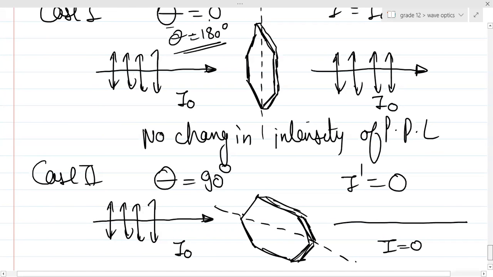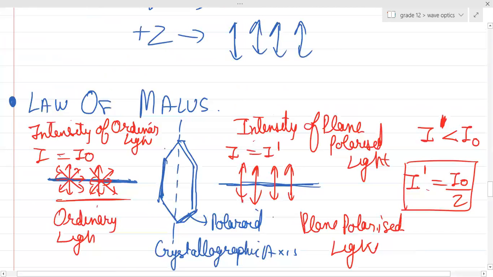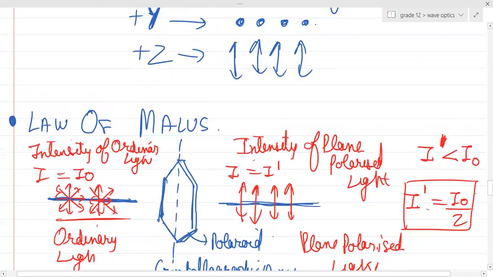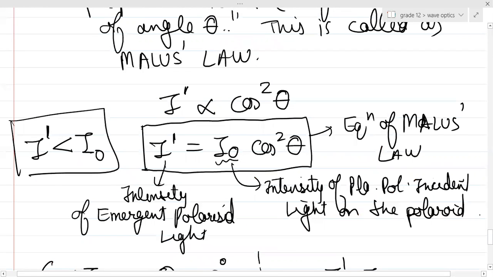Shall I tell you the reason why, when you pass an unpolarized light through a Polaroid, it becomes I naught by 2, right? You know why? Because suppose this was at a general angle theta, then this would have been the intensity of this light, right? What is the average value of cos square theta? Guys, can anyone tell me?